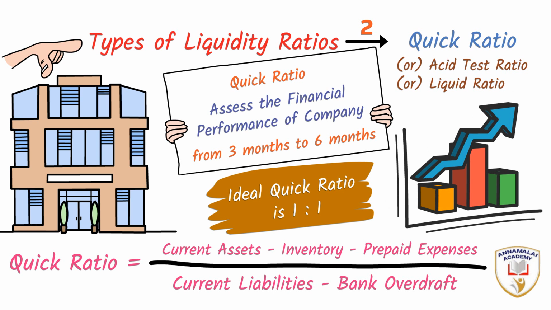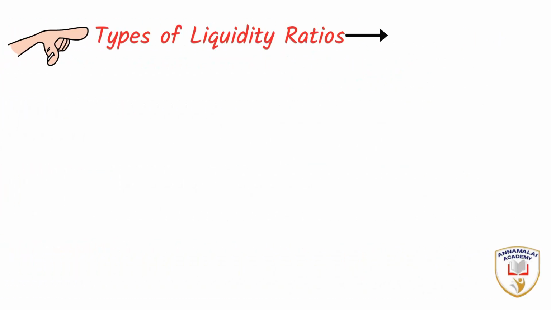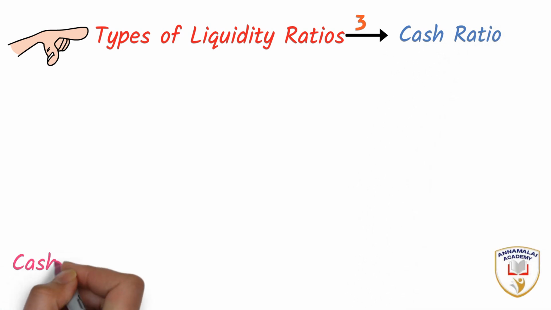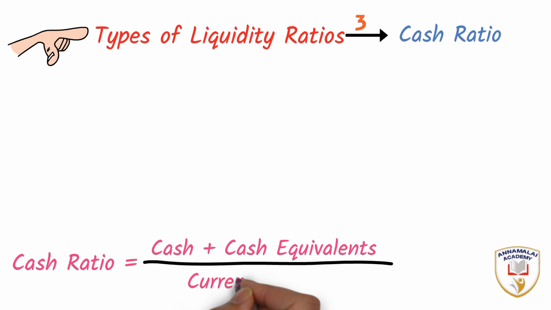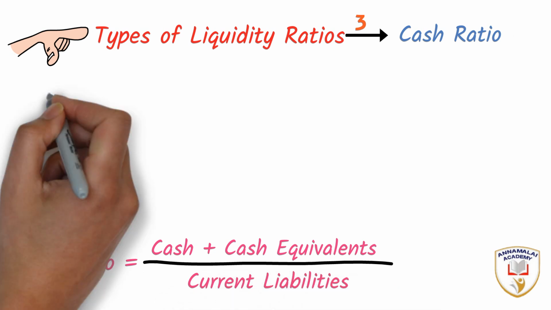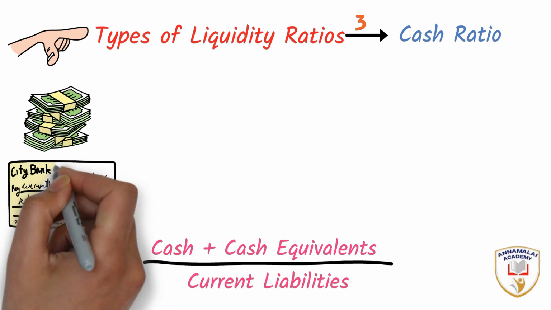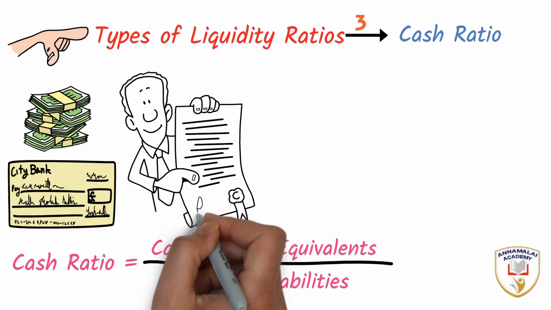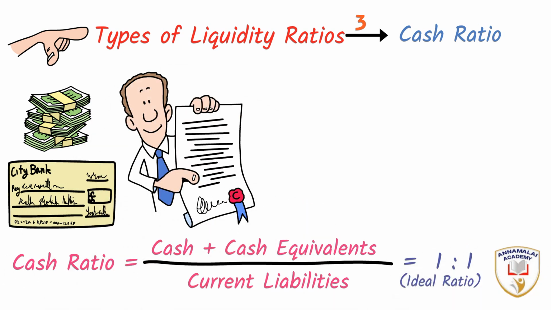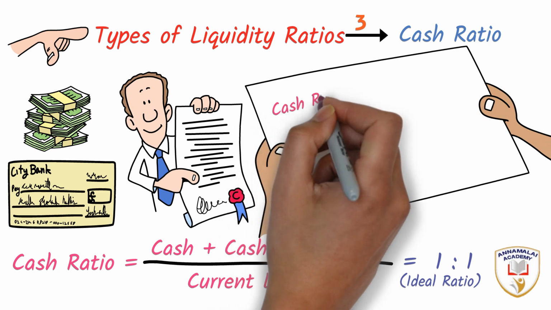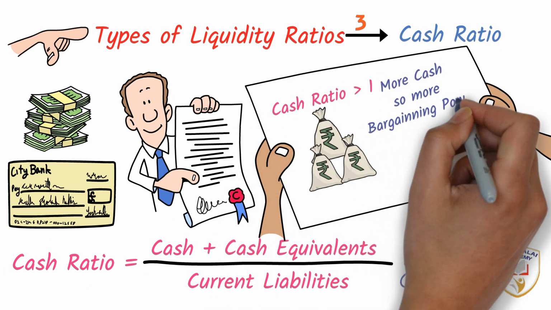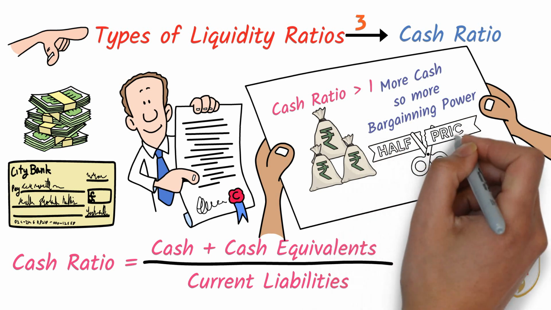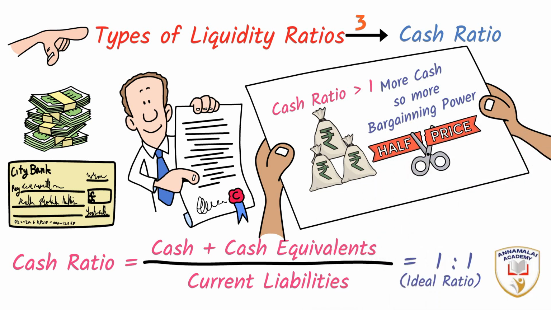Then the third category of liquidity ratio is the cash ratio. Cash ratio is equal to cash plus cash equivalents divided by current liability, where cash is the ready cash available in the company, and the checks and the bonds are cash equivalents. When cash ratio is more, your bargaining power is high, you can make an immediate settlement on purchases, so you can expect discounts from the supplier.